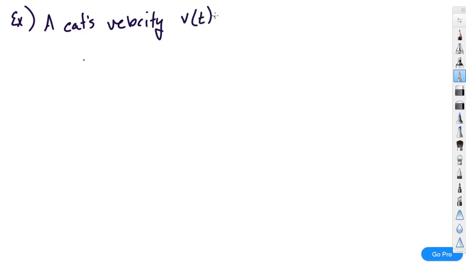So for our example, let's say that we're looking at my cat. Let's say the cat's velocity can be measured by v of t, and it equals 20 minus 4t, where t is measured in seconds and v of t is measured in meters per second.